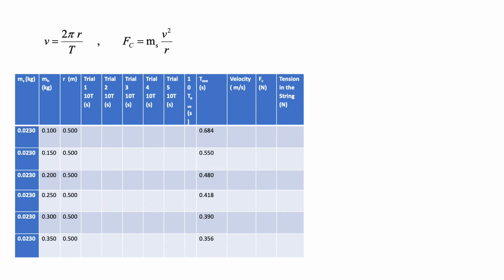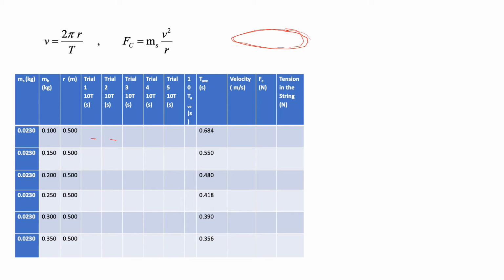This is the table. In order to do this, we take trial 1, trial 2. We measure how long it takes to spin 10 times, because it increases the accuracy; it's very hard to start from one point, do one revolution, and measure the time.